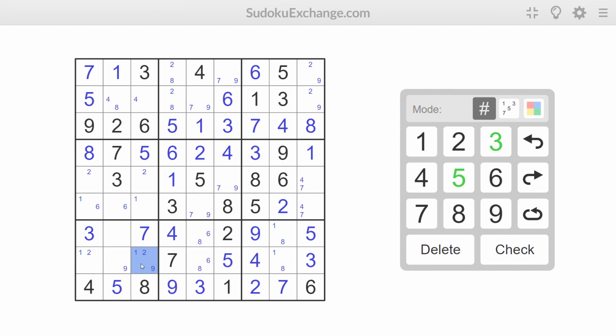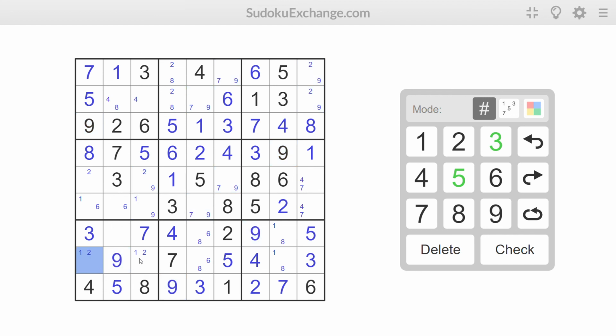So this 9 can be removed and 9 can be put in here. 9 here, 9 here. Make sure that these spots can contain a 9. Okay, this box is done.